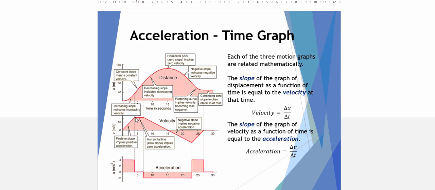Here I have a gradient of 0, so acceleration is 0. Here I have a constant negative gradient for the velocity, so I get a constant negative acceleration. The value of this acceleration is equal to the rise over the run of this velocity. Here I have a positive constant gradient, so I have a positive constant acceleration. So between each one of these graphs, we have a connection based upon the rate of change of the previous, dx/dt and dv/dt.